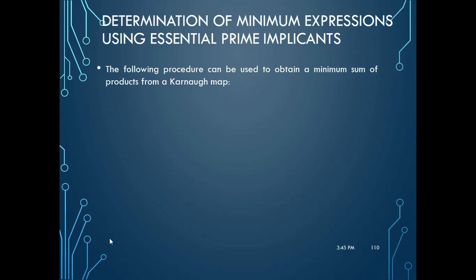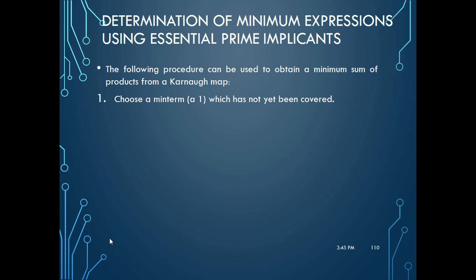So the procedure that can be used to obtain a minimum sum of products from a K map is as follows. First you have to choose a min term, for example M1, which has not yet been covered. So that you have done in the previous problem. You can choose any min term which has not yet been covered.